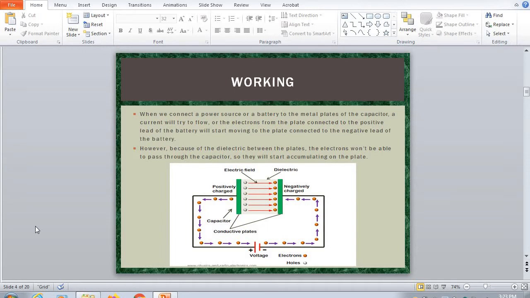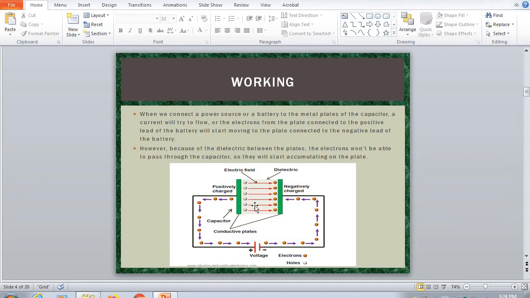Now, how does it work? When we connect a power source or a battery to the metal plates of a capacitor, a current will try to flow, or the electrons from the plate connected to the positive lead of the battery will start moving to the plate connected to the negative lead of the battery.